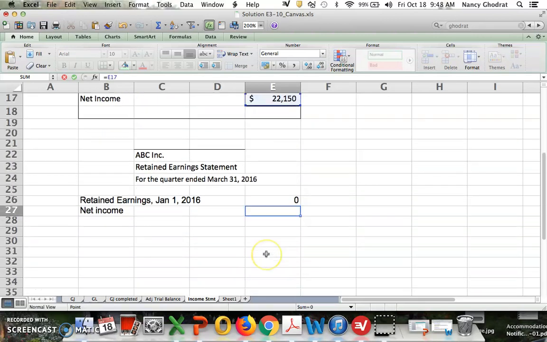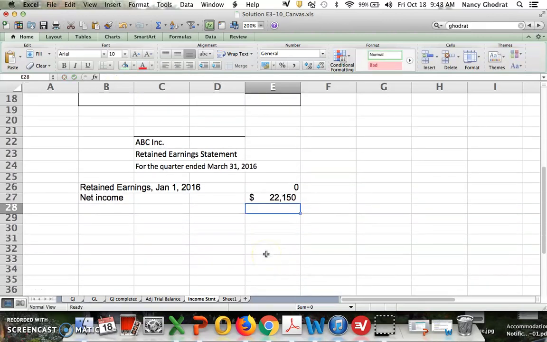We're going to add the net income to that beginning retained earnings, because the retained earnings definition is the accumulation of net income or net loss of the company from the first day that it started doing business.